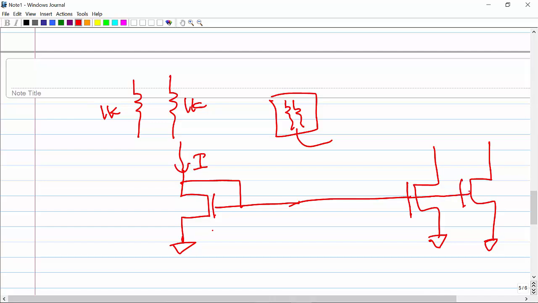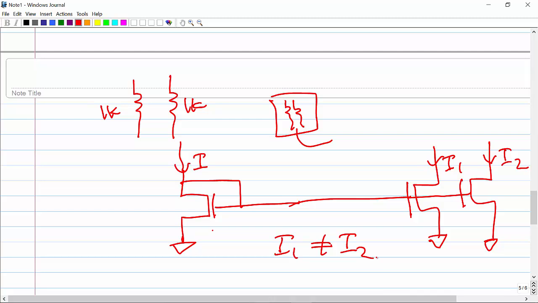Assume these two MOSFETs are exactly equal, and you made the layout very perfect, and this current is I1 and the current through this is I2. I1 will not be equal to I2 in the IC, even though in the simulation I1 is equal to I2. Once you fabricate the IC and measure the values of I1 and I2, they will not be exactly equal. There will be a slight variation in this.